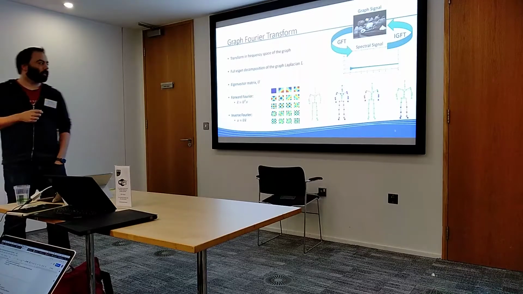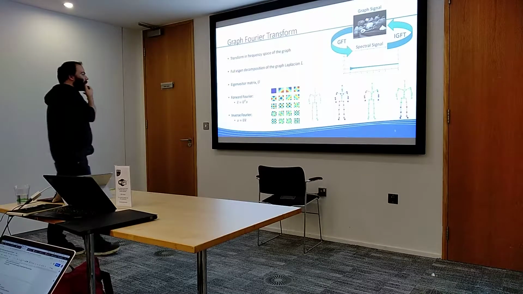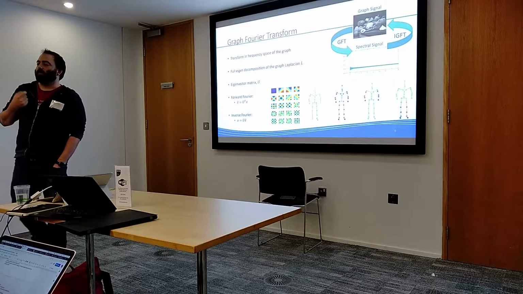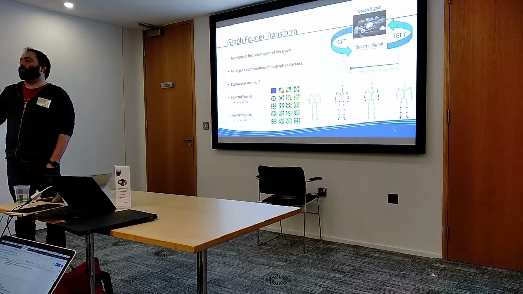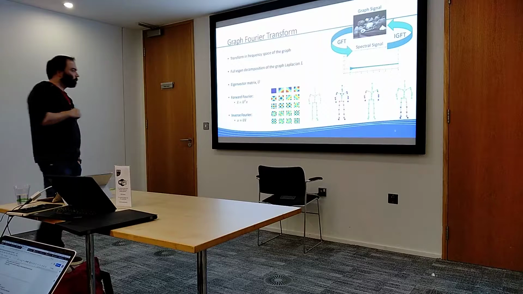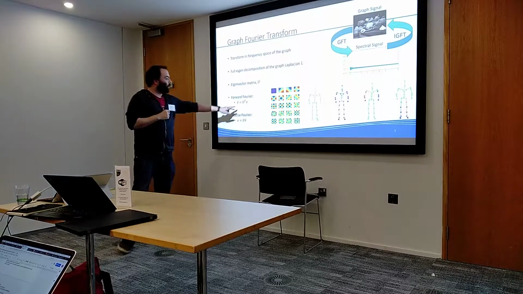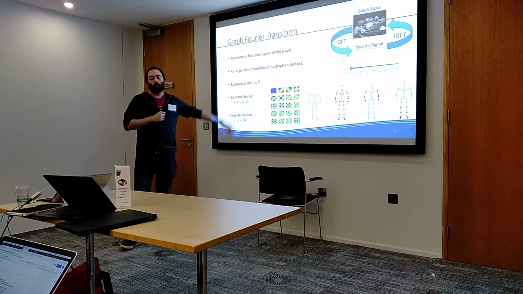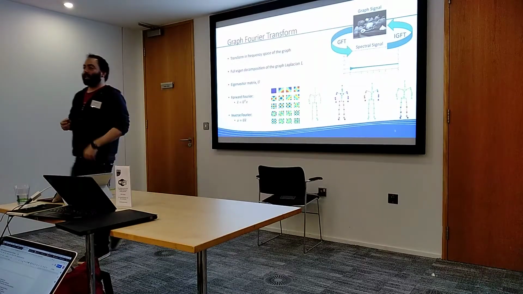Okay. And based on signal processing techniques, we can then utilize the spectral form of a convolution. So we can now change from our spatial domain information via a matrix multiplication to the frequency domain and back again.